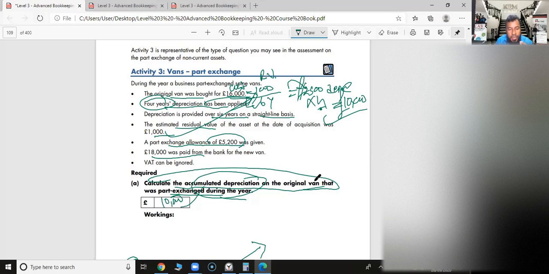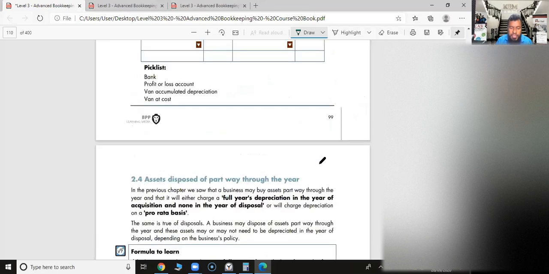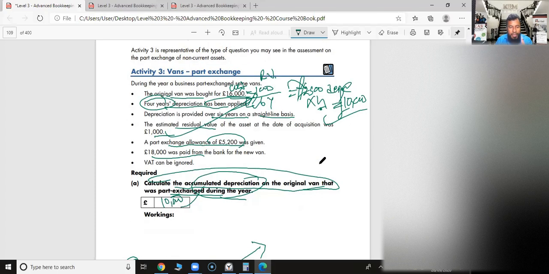And 18,000 was paid from the bank. Now, if I ask you, how much is the value considered for the new asset? My second question to you, which they didn't ask, but I'm asking from my side: what is the value of the new asset? We gave the old one and we got a new one.